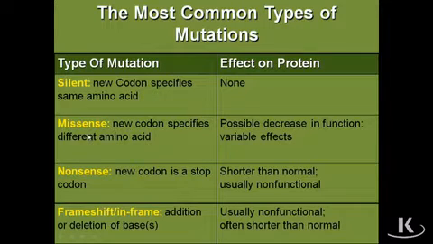Okay. The missense mutation. It's a new codon, and it's going to specify a different amino acid. Now, the effects, it might be a decrease in function depending on the particular amino acid that gets put in. If it's an amino acid that's completely different than the one that was there initially, it's probably going to decrease the function. Might increase the function. Sometimes that happens, and that's how evolution occurs.